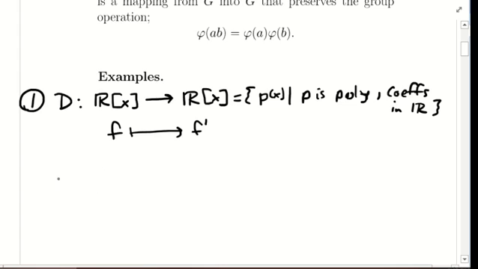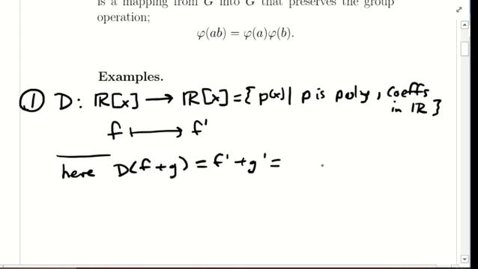So we know this is a homomorphism, right? Here, d of f plus g is equal to f prime plus g prime, and that's equal to d of f plus d of g. So it's a homomorphism, right? It preserves the group operation.